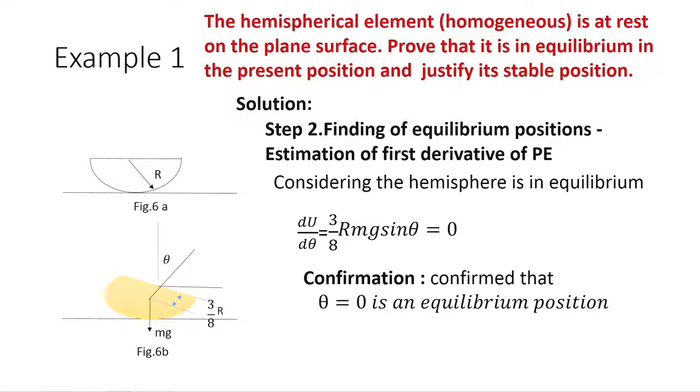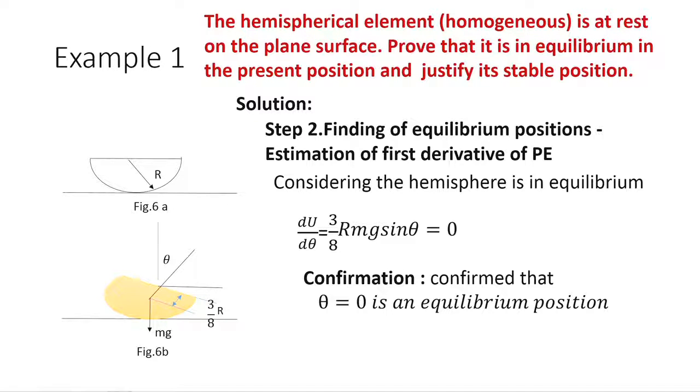Now step number 2, finding the equilibrium position, that is, estimation of the first derivative of potential energy. Considering the hemisphere is in equilibrium, we can write dU/dθ = (3/8) r m g sin theta = 0.